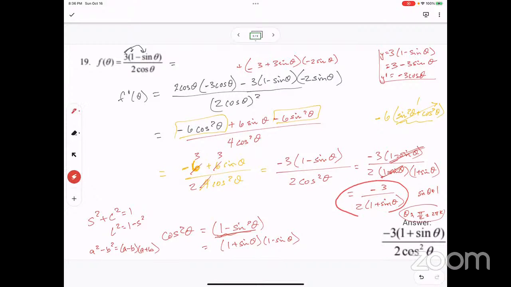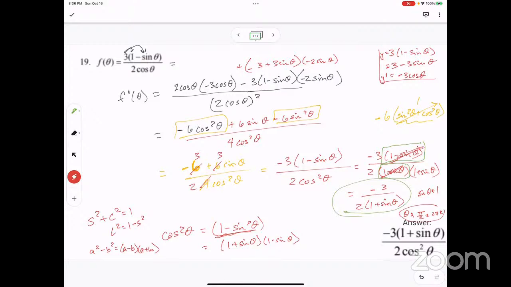you could plug in whatever you want, but the one thing you're not allowed to plug in is something that would have made the original equation indeterminate. So this thing can't equal 0, because 0 divided by 0, you can't do that. So what am I not allowed to plug in?